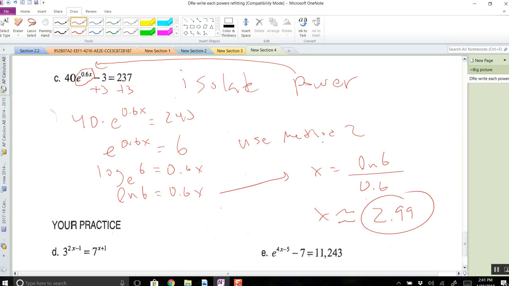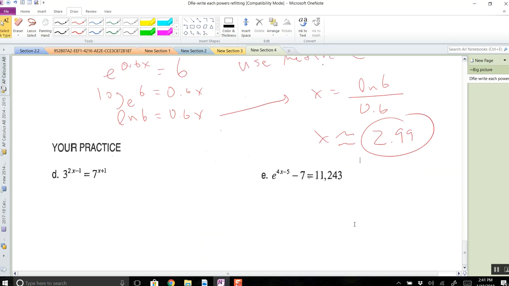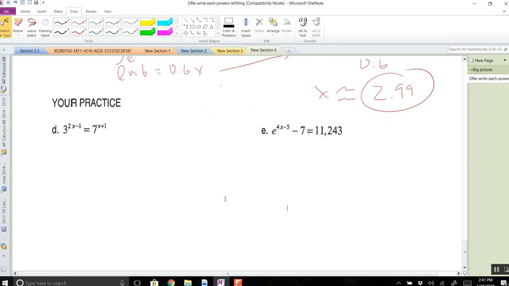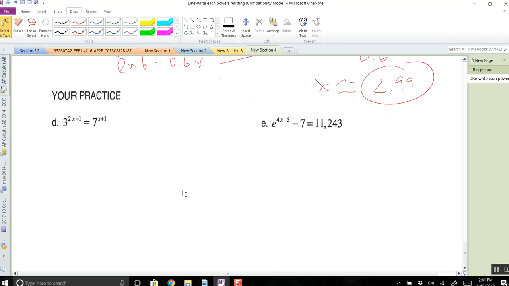All right. If you want to try D and E on your own, I'll do it as well. And you're going to use method 3 for part D. And you're going to use method 2 for part E. But isolate the power first.